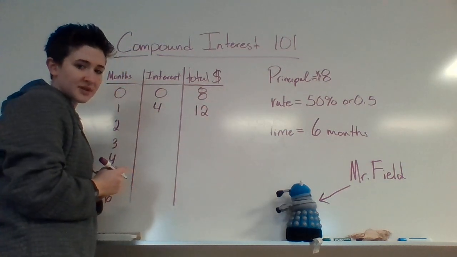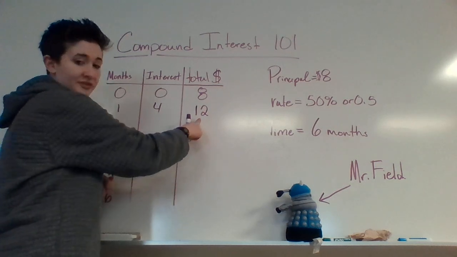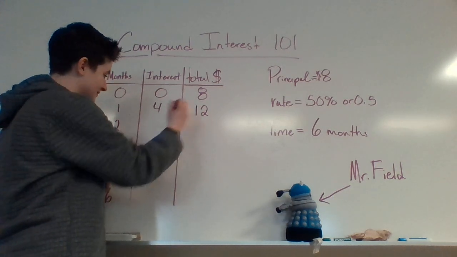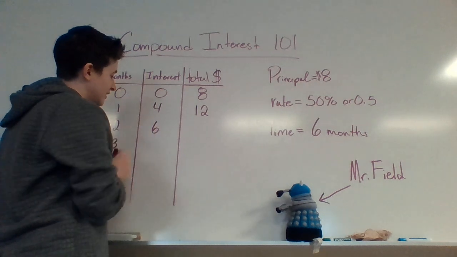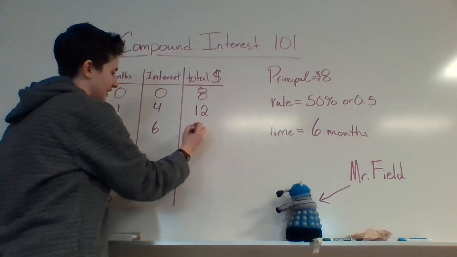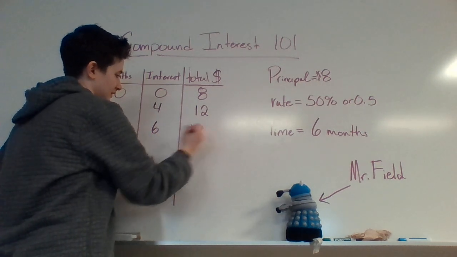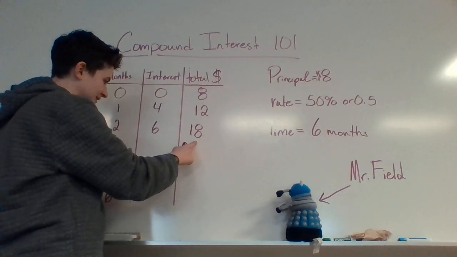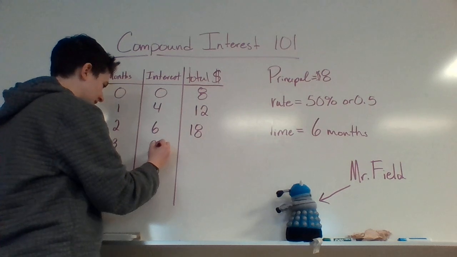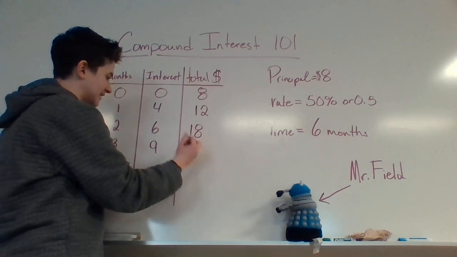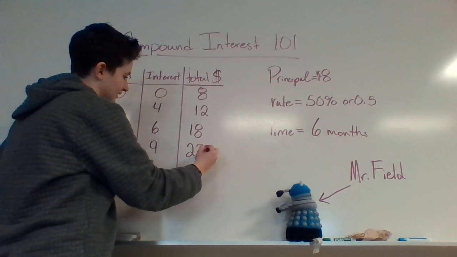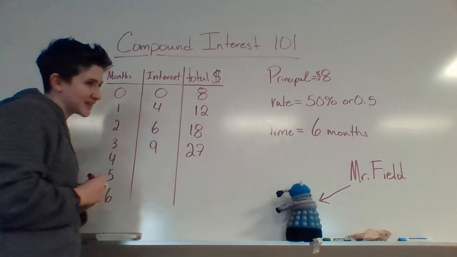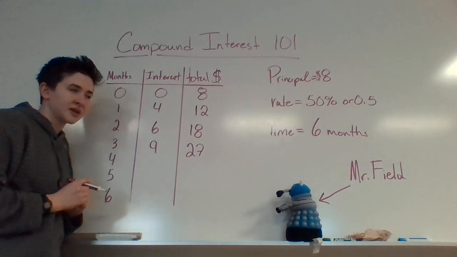That's month 1. Month 2, we take half of 12, which is 6. That's the interest for month 2. We add 6 to 12, and we get 18. And we just kind of keep doing this. So I got 18. Half of 18 is 9. 9 plus 18 is 27. This is getting a little tricky because half of 27 is not a nice number.